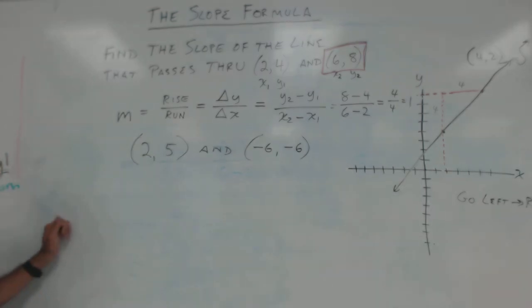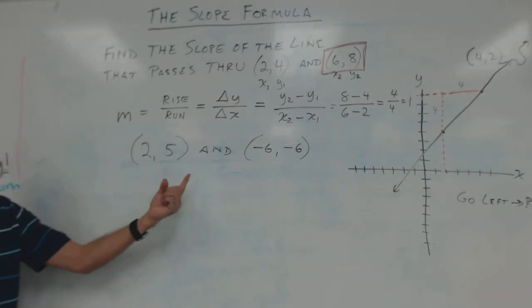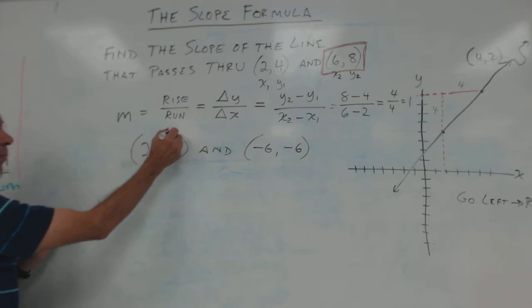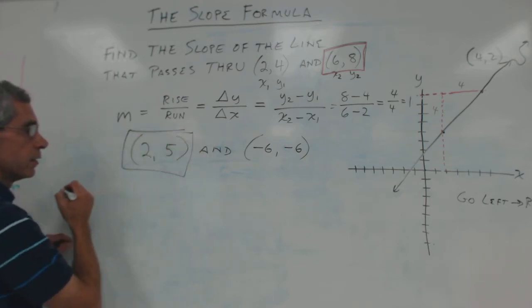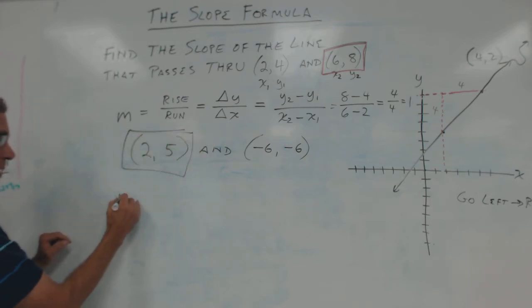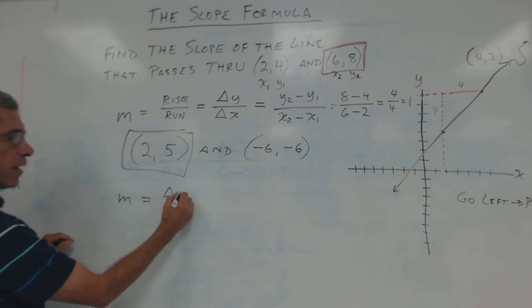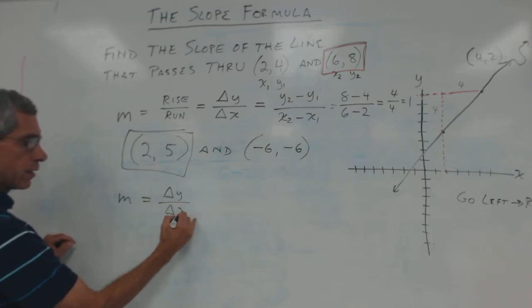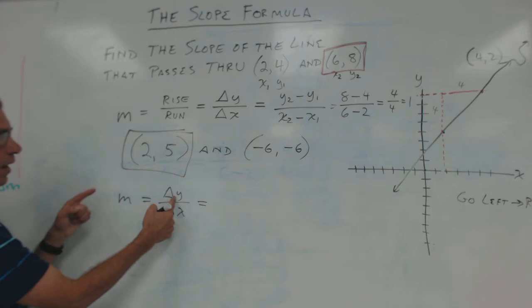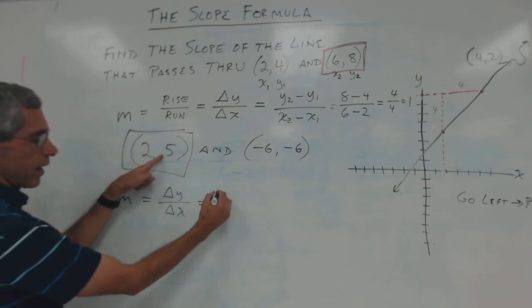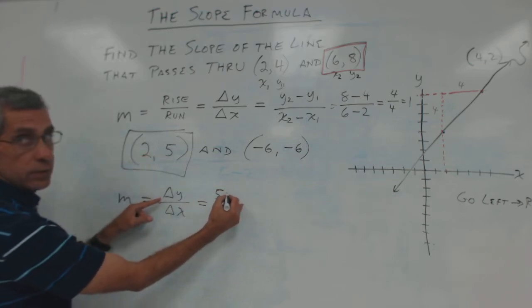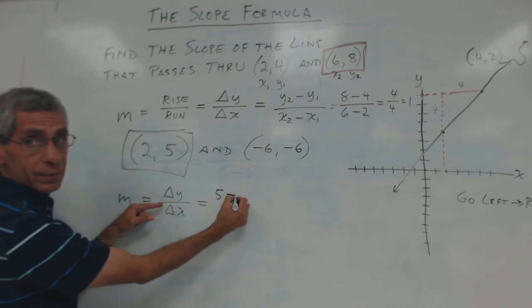I'm going to look for my y that's bigger. It's this one. I put a box around it, and I say m is equal to the change in y over the change in x, which means I'm starting with my y's. I'm going to start with this 5, and the change means minus.